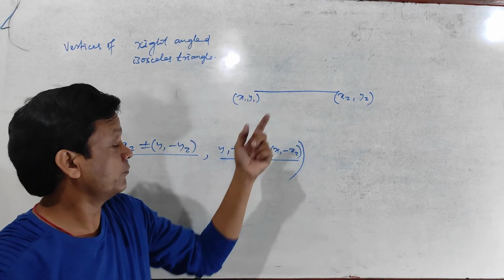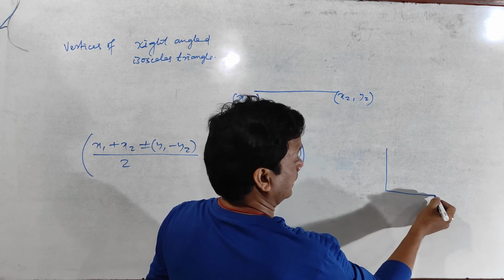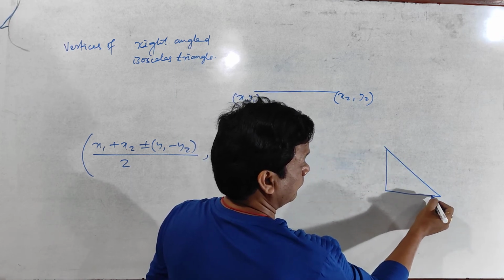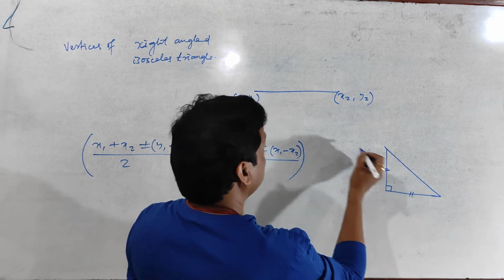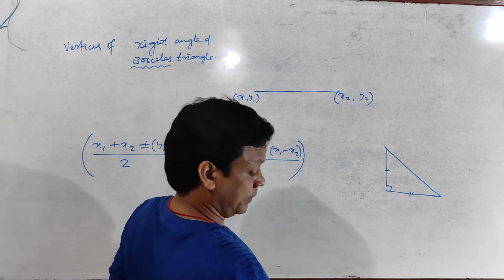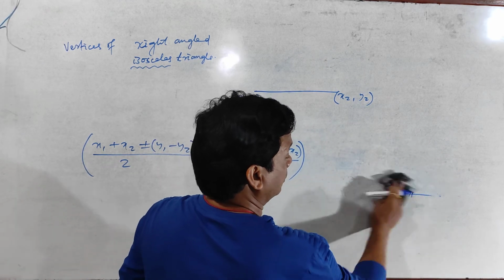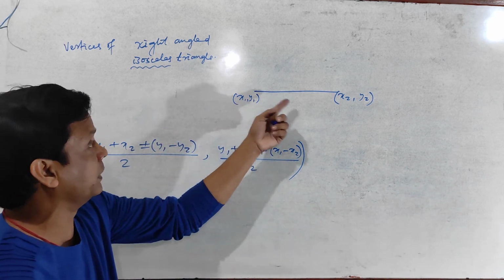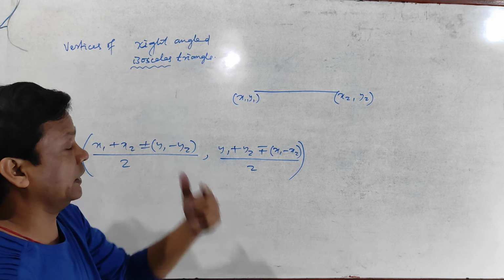See here, what is a right angle isosceles triangle? It means one of the angles should be a right angle and two sides should be equal. So here, this one is the hypotenuse. The hypotenuse is given as (x1, y1), (x2, y2), and you have to draw the right angle isosceles triangle.